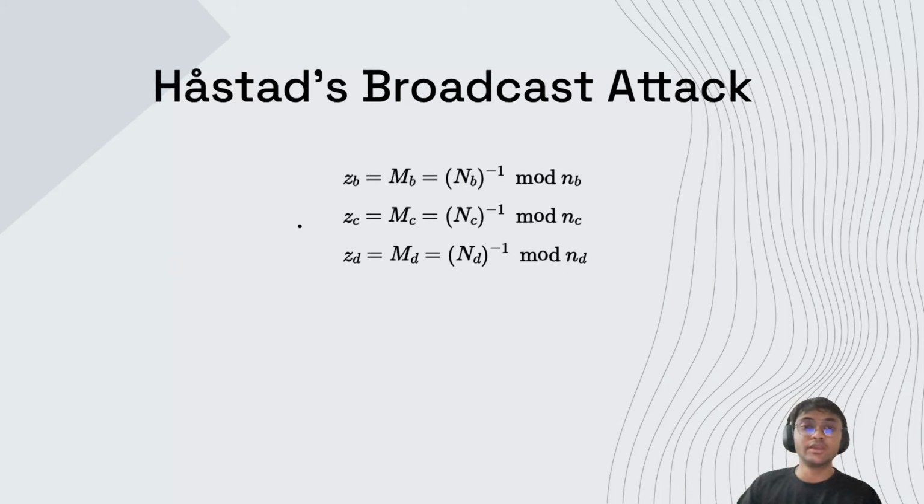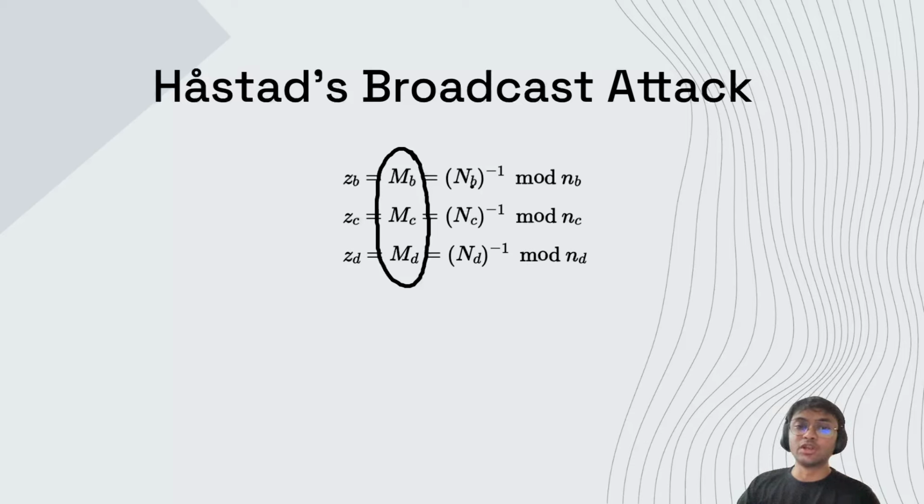Now, Eve has to construct the ZB's, which are the modular inverses of the Ni's that we just calculated. Again, in certain textbooks, we have different representations and we want to know all of these. So ZB could also be represented as MB, MC, and MD respectively.